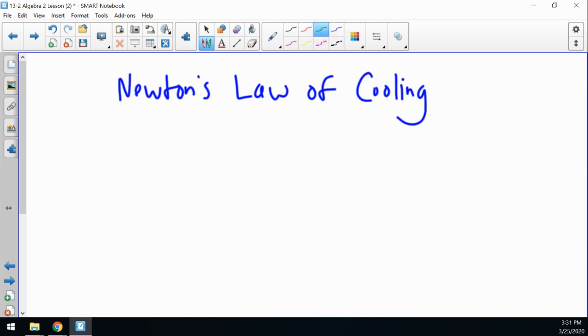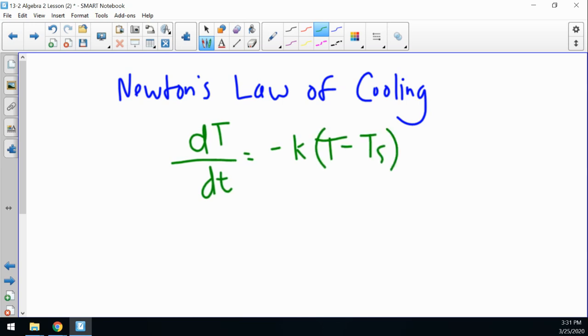Basically it says this: our change in temperature over change in time is really this, where K is the rate at which it's changing, and T is time after so many seconds.